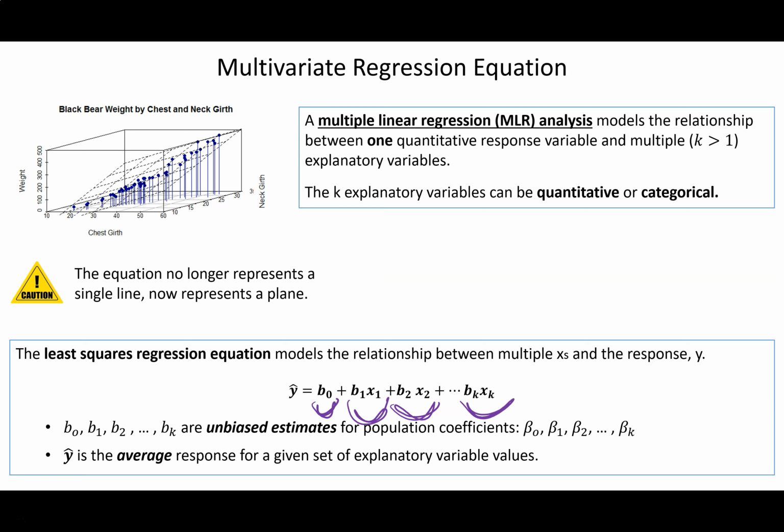So here, we're trying to estimate coefficients for beta naught, beta 1, beta 2, all the way through beta k.